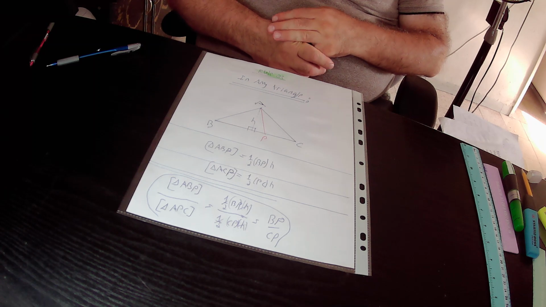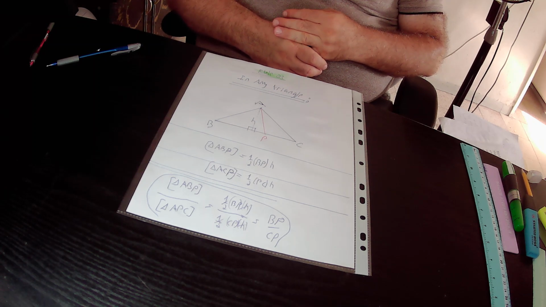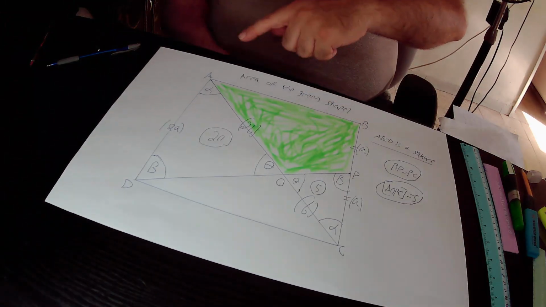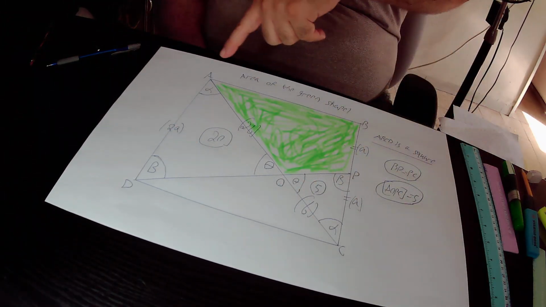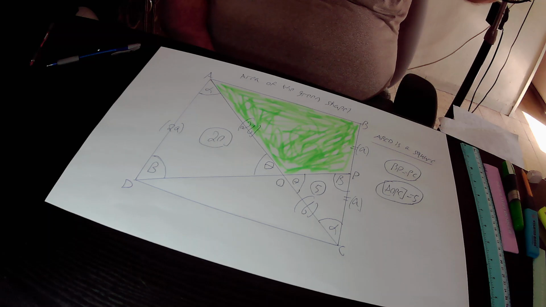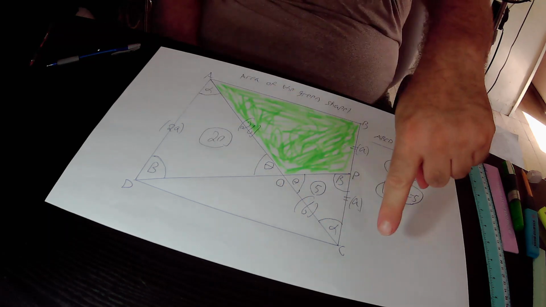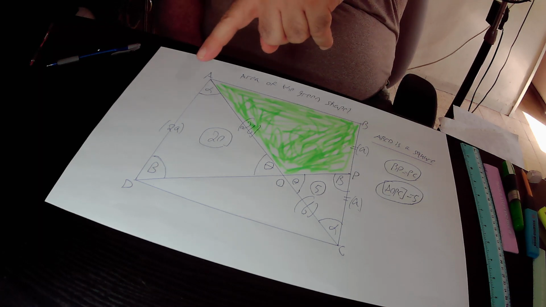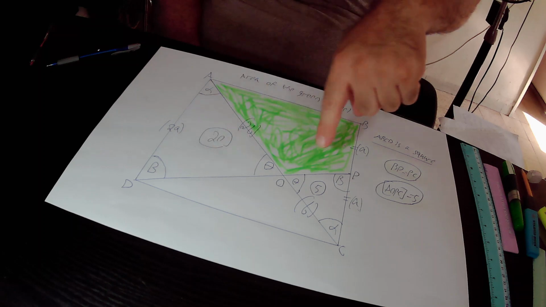So we can actually implement Rule 23 in our drawing. Why? Because in our drawing, this is the big right triangle ADC, and it is divided into two parts by line segment DO.